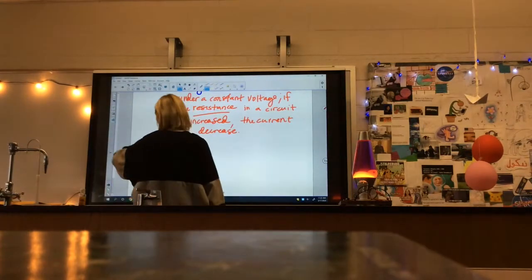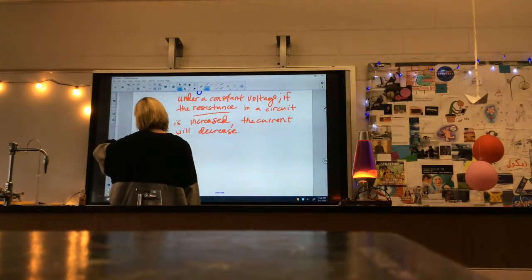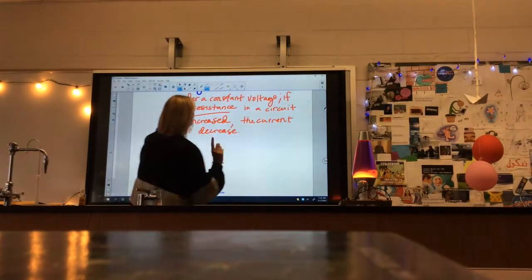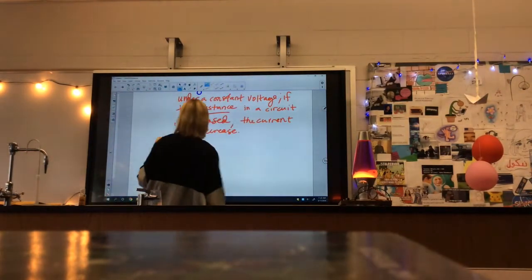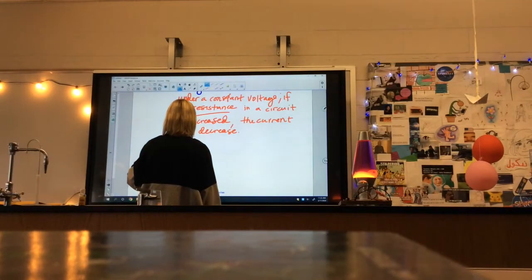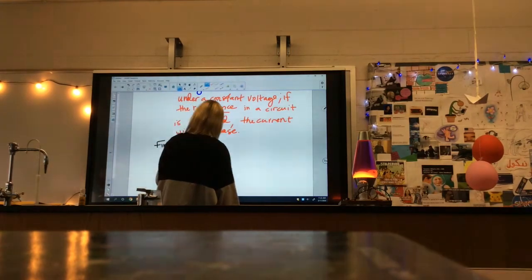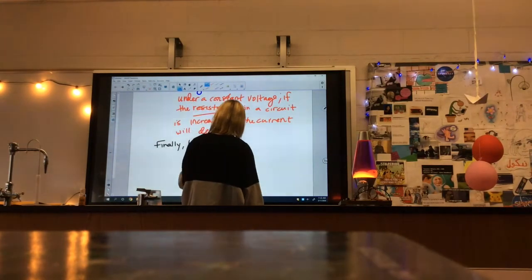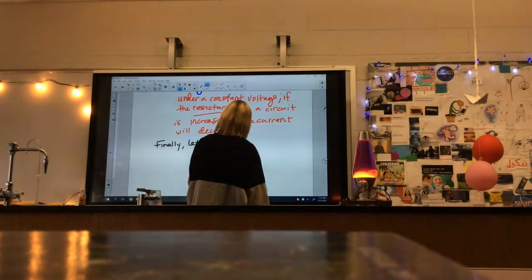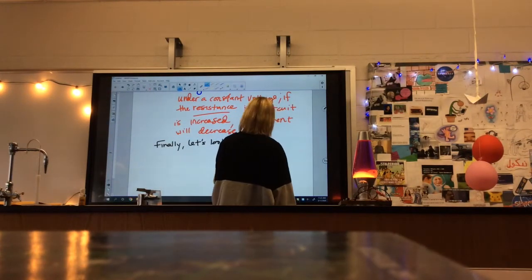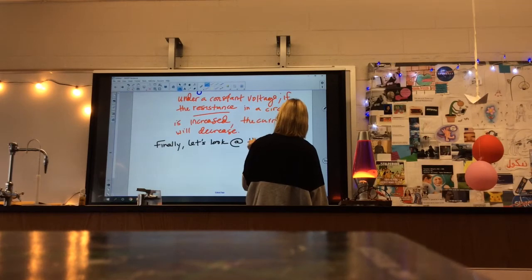Okay, so I want to look at it through one more lens. So finally, let's look at this formula through one last lens.